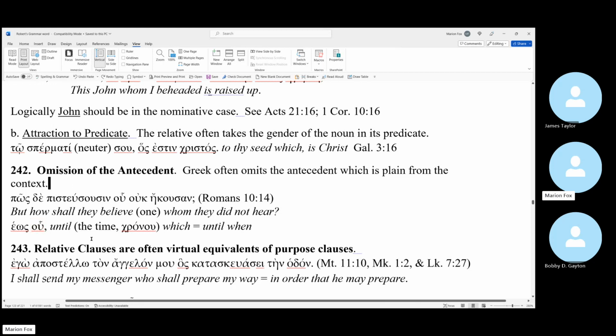Now, here's another one. Heos... who... and then this is elliptical: until when, until which, or until when or which.